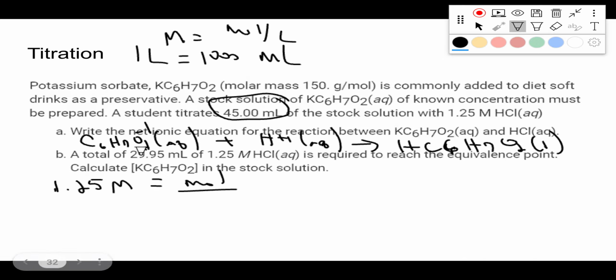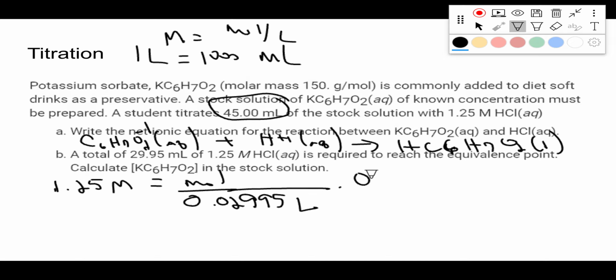So in my calculator, I'm going to do the 29.95 divided by 1,000, because to get from milliliters to liters, you always divide by 1,000. And so I end up with 0.02995 liters. Then mathematically, I'm going to multiply both sides by the 0.02995 to isolate the variable and cancel this off the bottom.